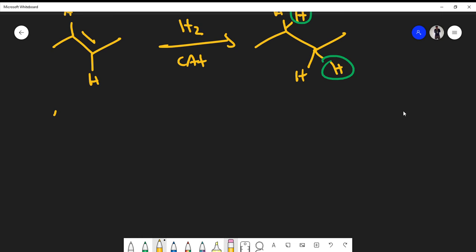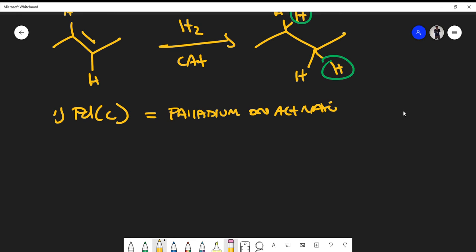Now, some of the catalysts that we could actually use are palladium and carbon, right? So you have to remember these reagents. So these are palladium on activated carbon. You could also use platinum as a reagent.